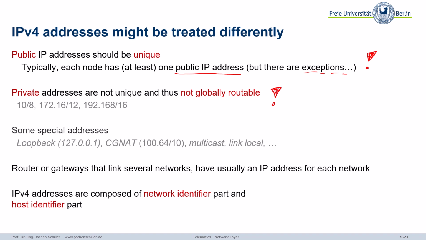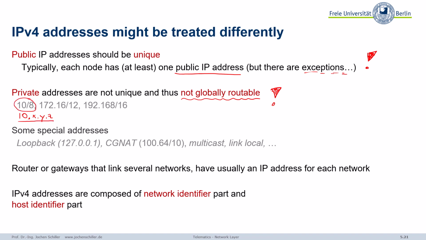Private addresses are not unique, and thus you cannot really route them globally. What is a private address? We'll see these are special address ranges, so addresses that start with 10 dot and then X, Y, Z, whatever you have here. So also this notation, we'll learn what this means.